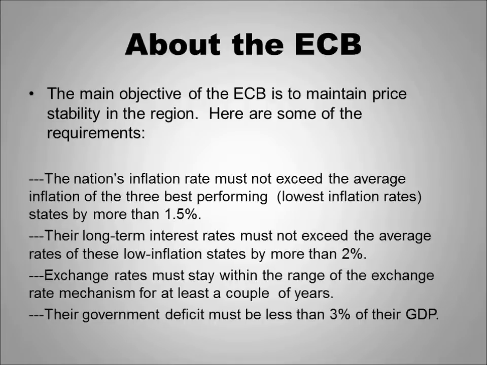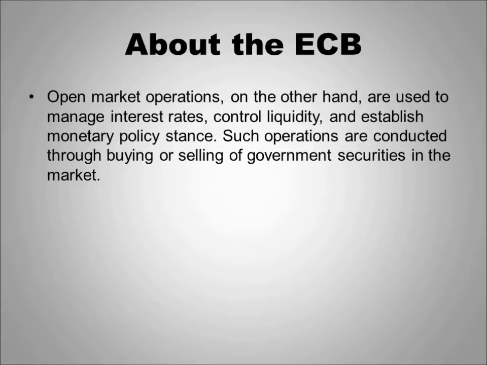Also, open market operations, on the other hand, are used to manage interest rates, control liquidity, and establish monetary policy stance. Such operations are conducted through buying or selling of government securities in the market. So also we want to monitor the volume that European securities go through every day, because that can also determine the strength of the EU economy.